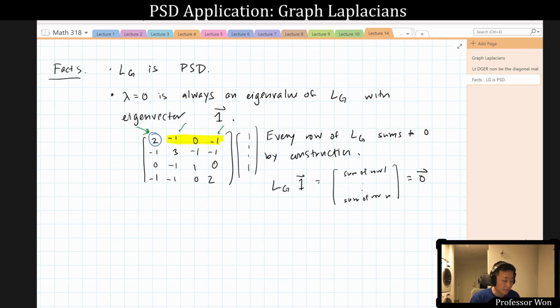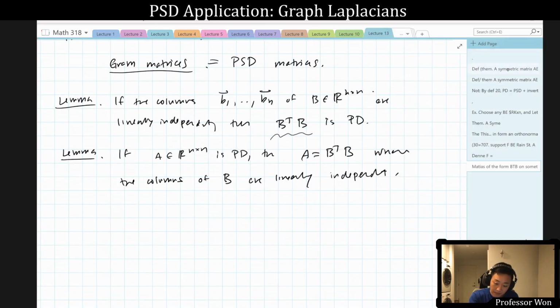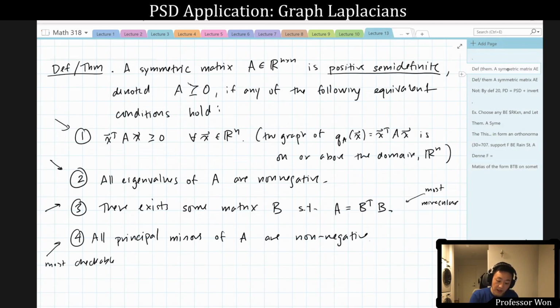Now, let's prove that L_G is positive semi-definite. There are many characterizations of positive semi-definite. Let me click back to them. Here are all the characterizations of being positive semi-definite.